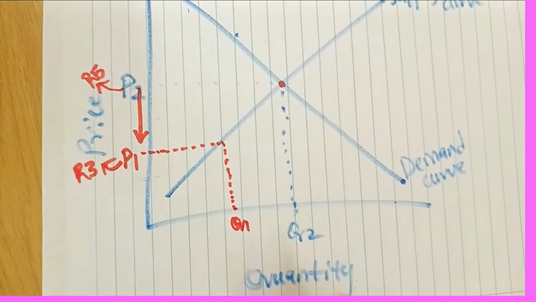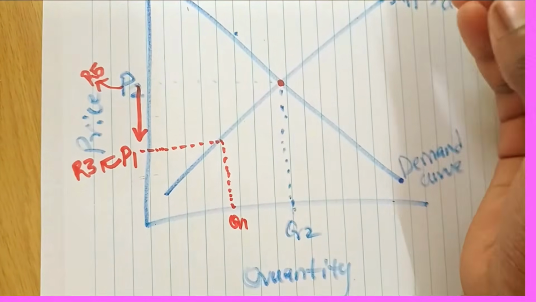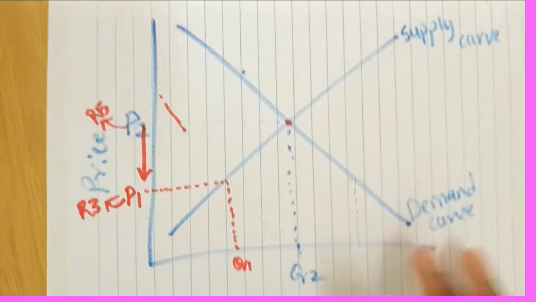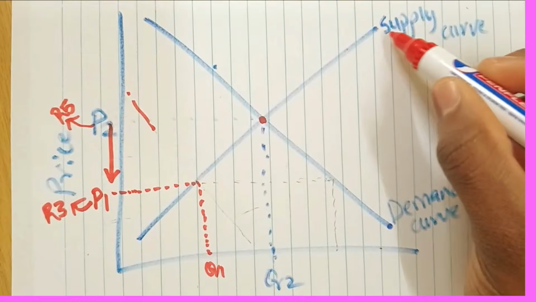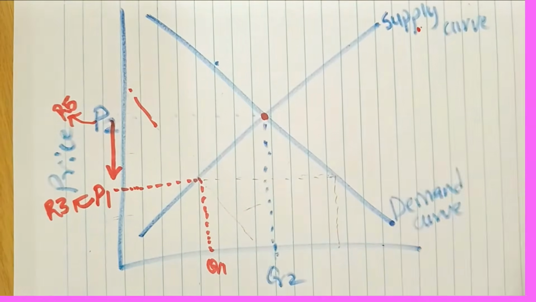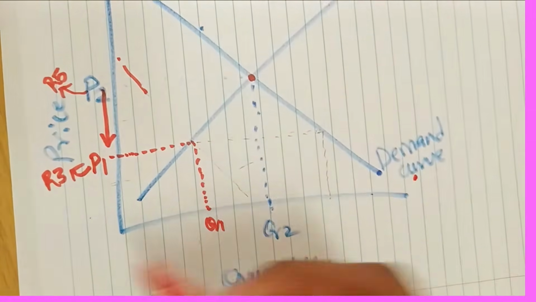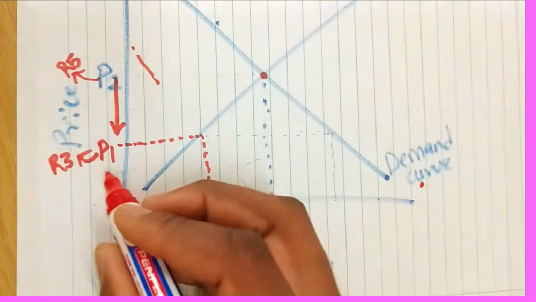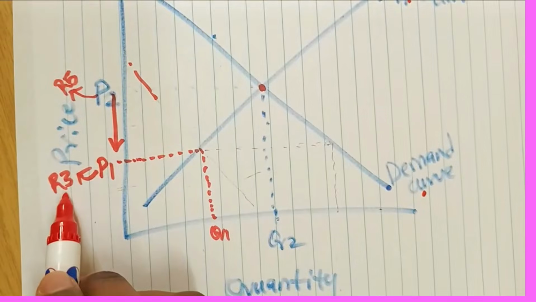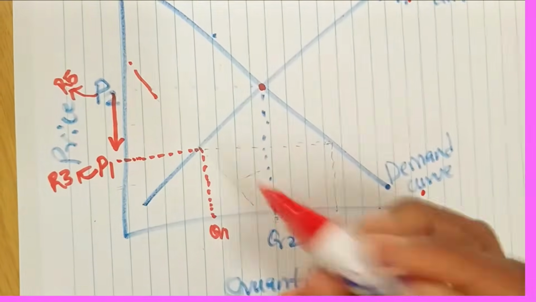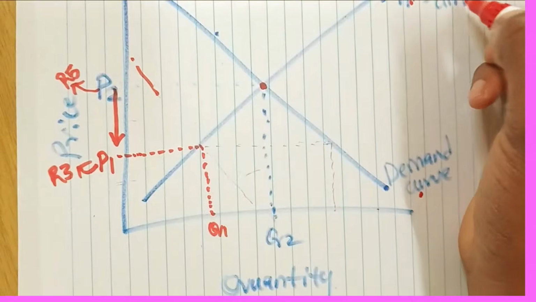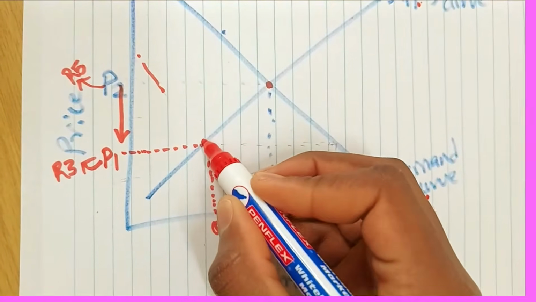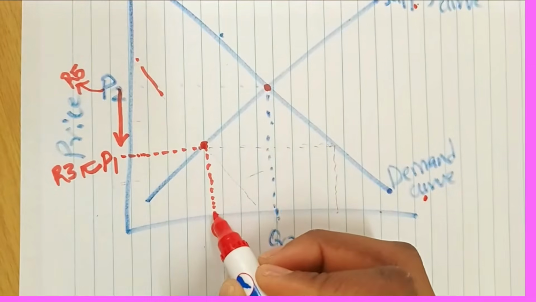This is our Q1. So at this price, now we have to look at the curves. This is the supply curve. This is the demand curve. At this point, our price has decreased from P2 to P1, from 5 rand to 3 rand. Now we are supplying at Q1.